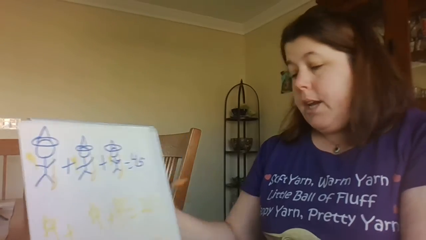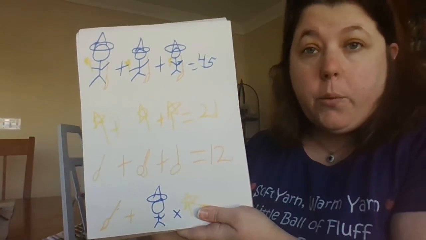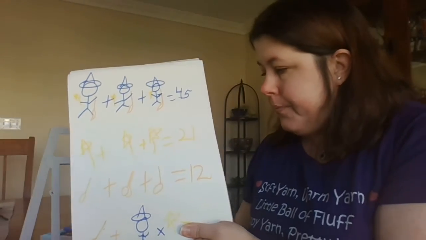And then we're given a new equation on the bottom. So we have a witch times the wand, and then there's a broom that you have to add in there, I believe. So it looks something like this is what our equation, what our story problem looks like.